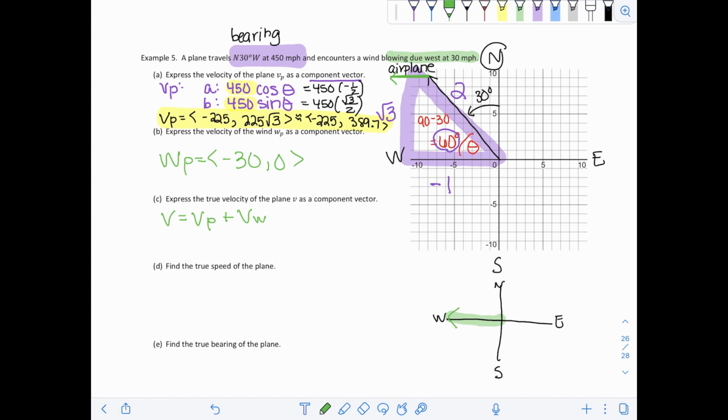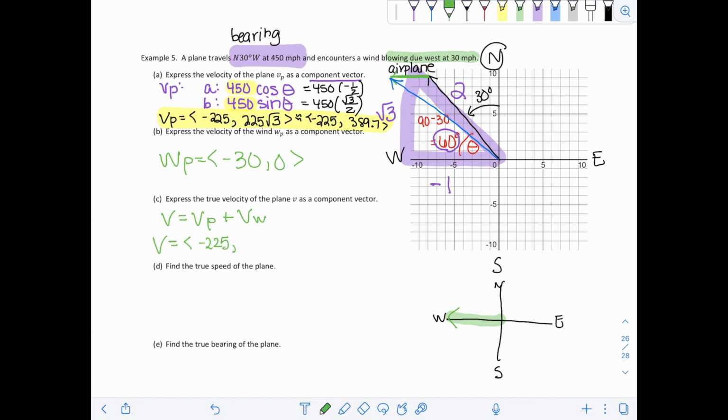The actual plane, now my diagram's getting crowded here, is something like this, where it's not quite moving at that north 30 degrees west because the wind is pulling it a little bit more in the west direction. So we can figure that out by doing vector arithmetic.